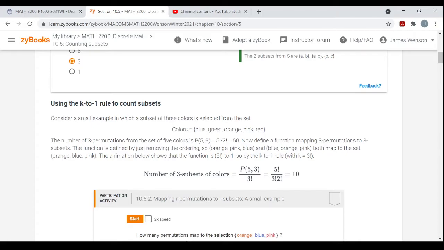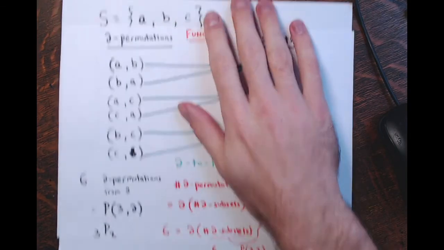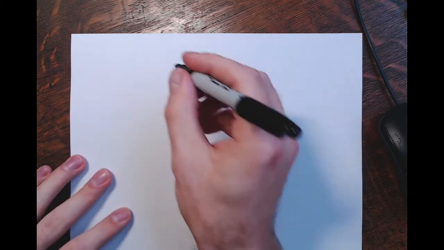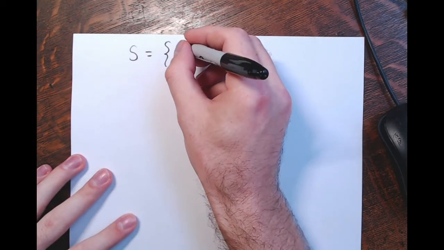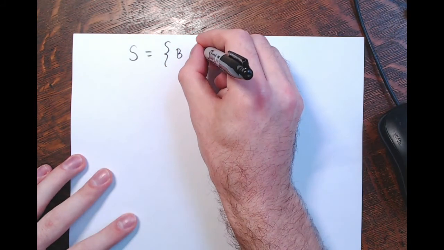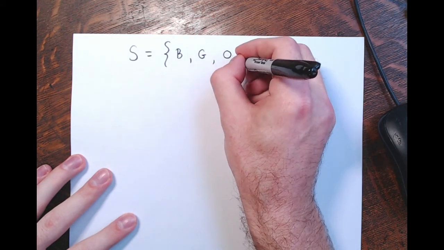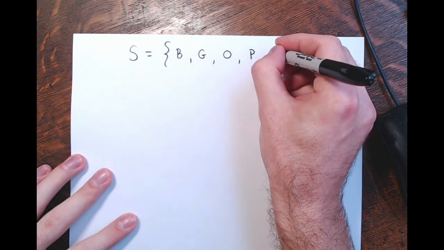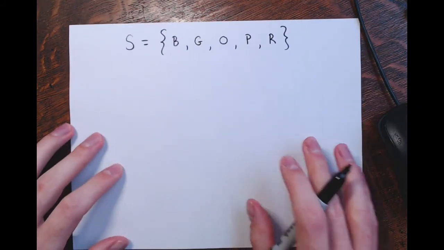So our set S, this set of colors, you have blue, B, green, G, orange, pink, and red. So you have this set of 5 colors.